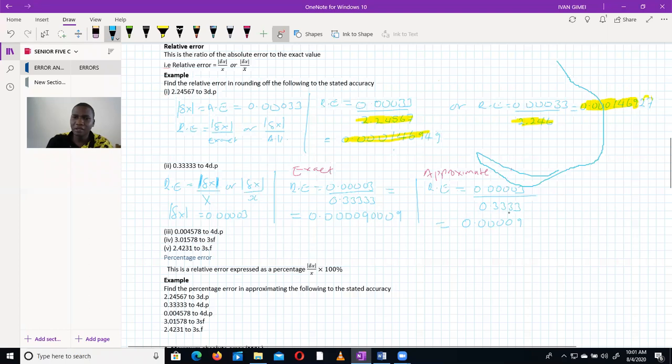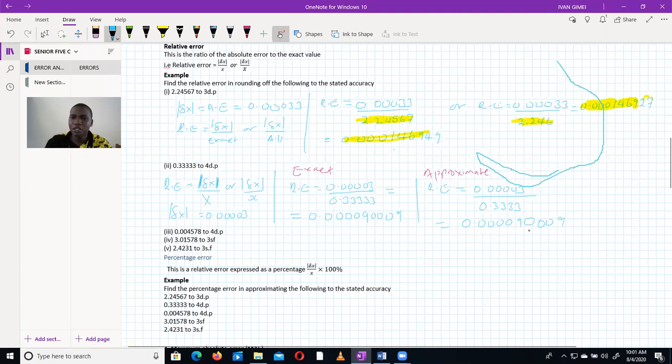Let's carry out this computation very fast to avoid the delay, because this lesson is only 1 hour and 30 minutes, and we've used 1 hour already. We're left with 30 minutes. 3 zeros, 0, 0, 0, and then 9, then 9.